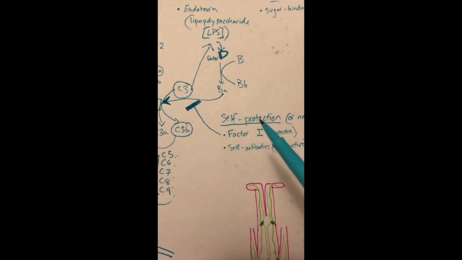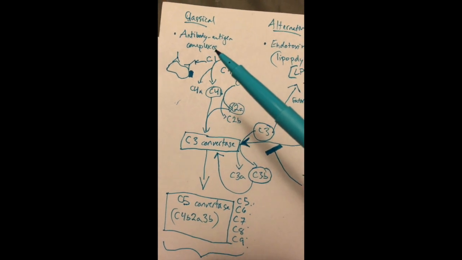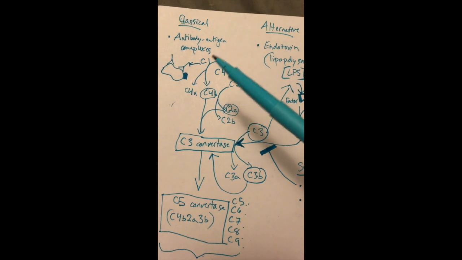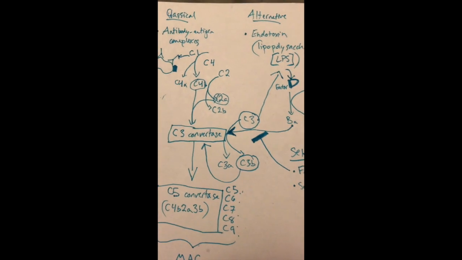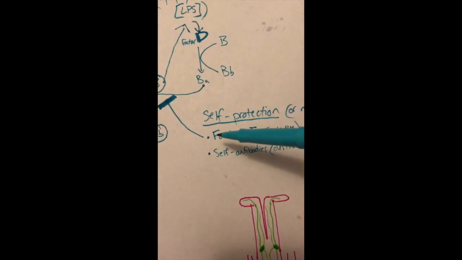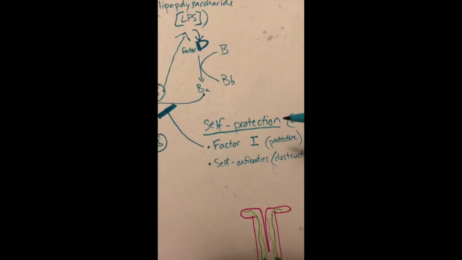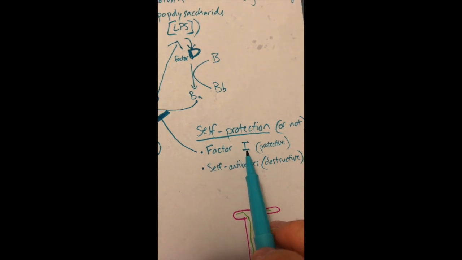Our body has to protect itself from this cascade initiating, because there's always going to be some level of antibody-antigen complexes occurring outside of our own cells. And so in order to prevent that from happening, our own cells must have what's called factor I. You can remember that I as in like me.